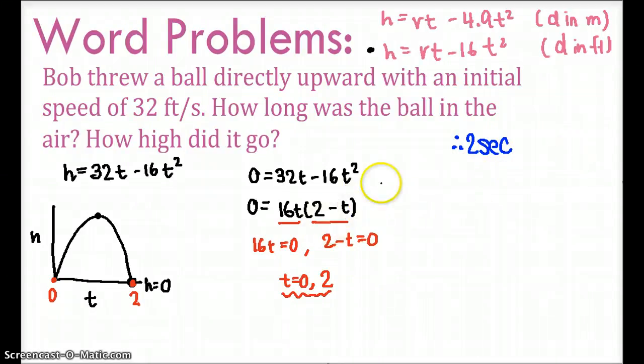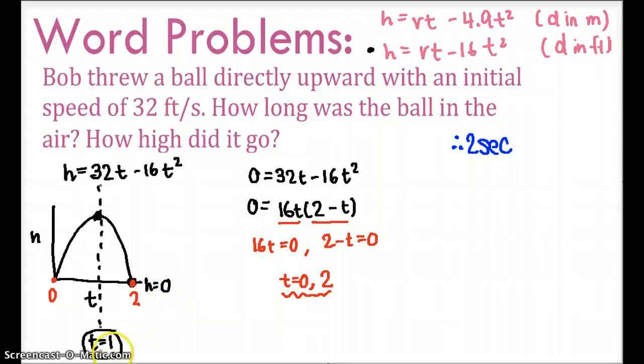So how high did it go? If you remember parabolas, you know that this middle axis is the axis of reflection, and it's exactly in the middle of the parabola. So the time at the middle point is t equals 1 right here, and that gives us the maximum height of the parabola.